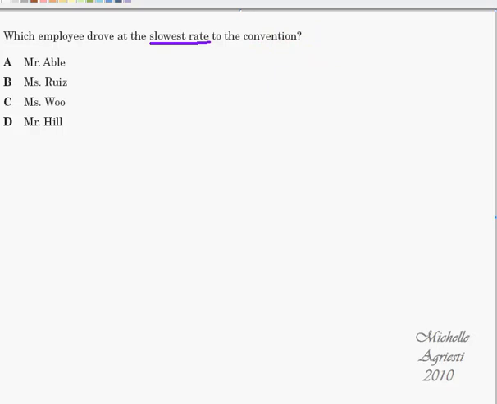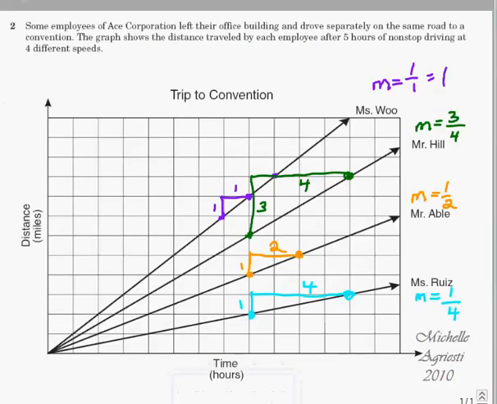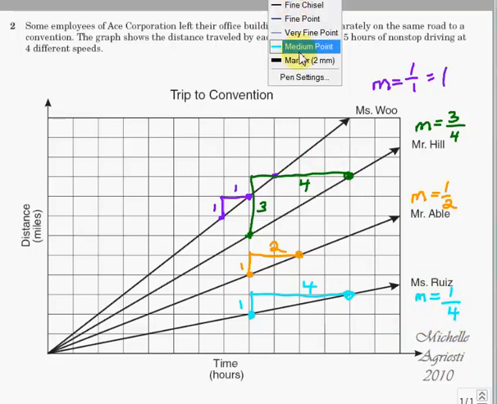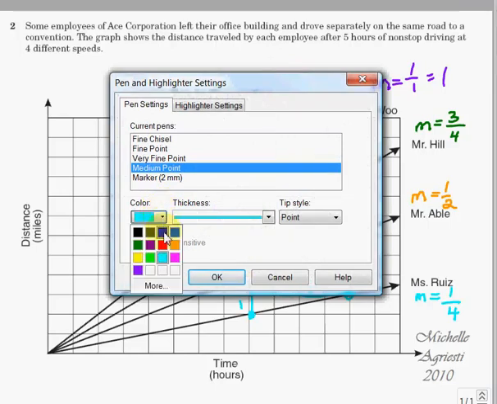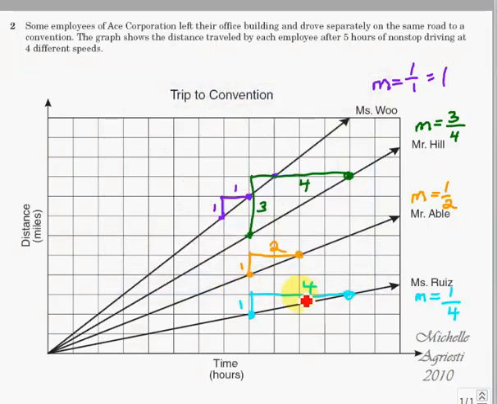The slowest rate is going to be the slope that's the smallest. And the smallest slope will be Miss Ruiz here, 1/4. So I'm looking at Miss Ruiz being the answer.